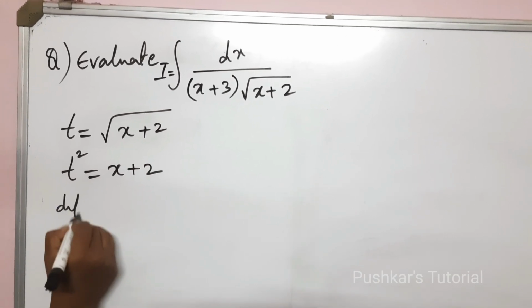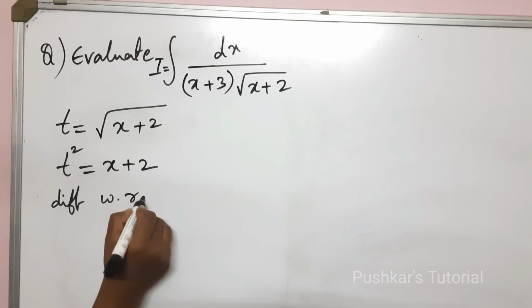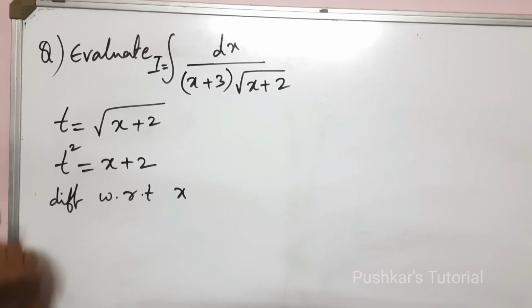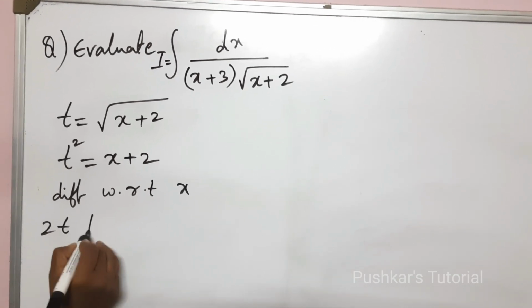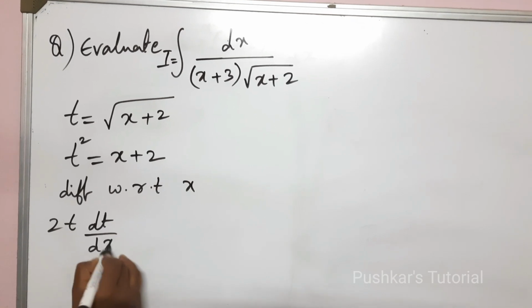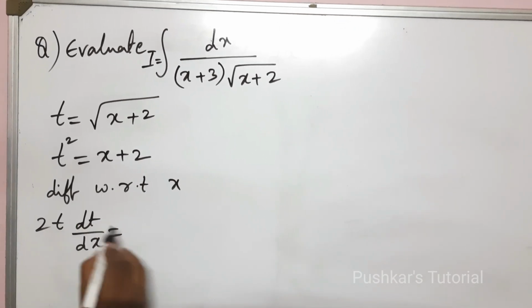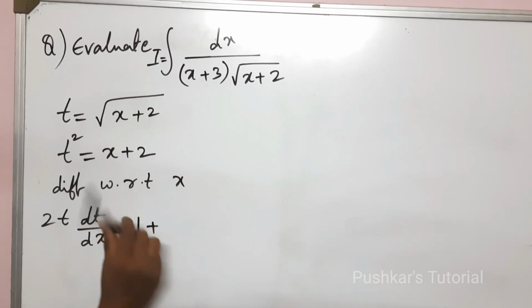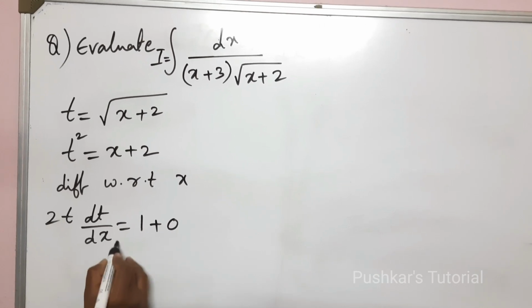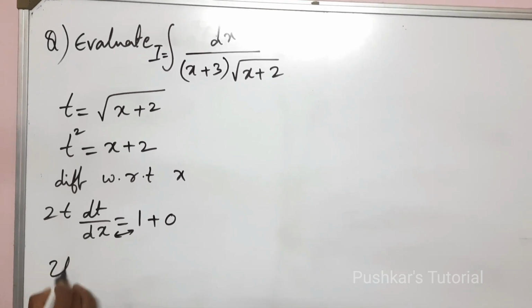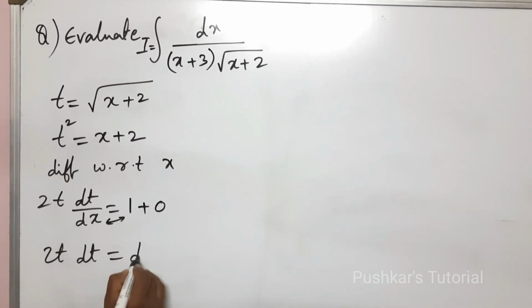Now differentiating with respect to x, t² differentiation is 2t dt/dx. x differentiation is 1. Constant 2 differentiation is 0. Next cross multiply. So 2t dt is equal to dx.